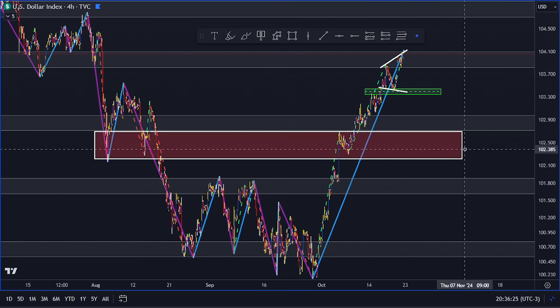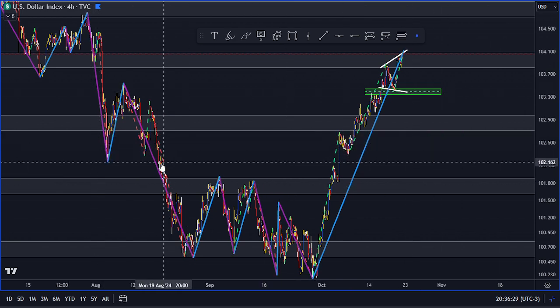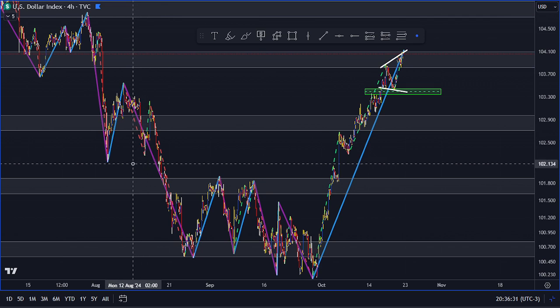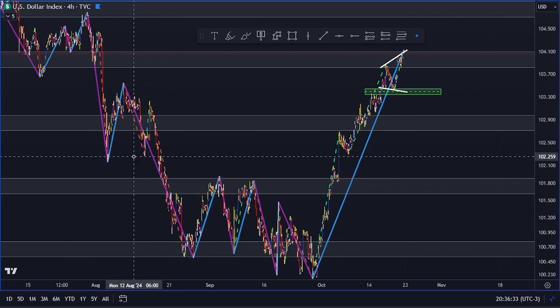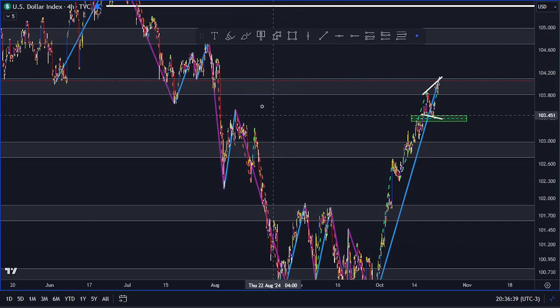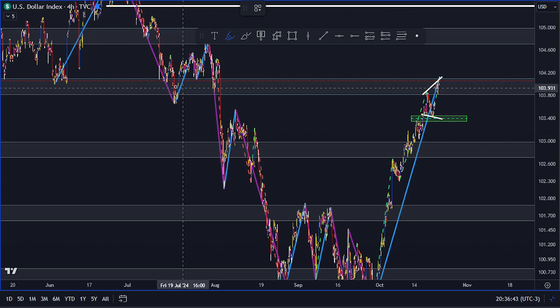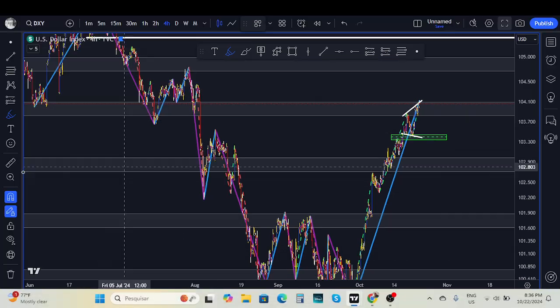So what I'm going to do now is take this guy off. We are done with that resistance, because that is what the market usually does once it successfully breaks away from past resistance, it gravitates to the next resistance that we can see right here. So we are at that area right now.